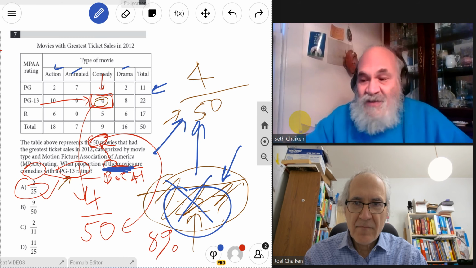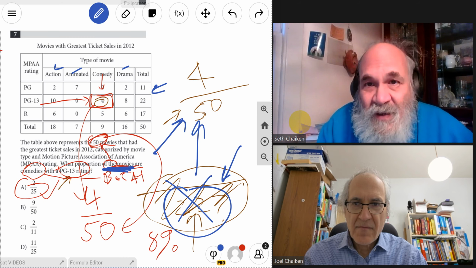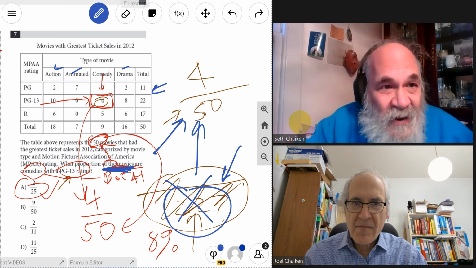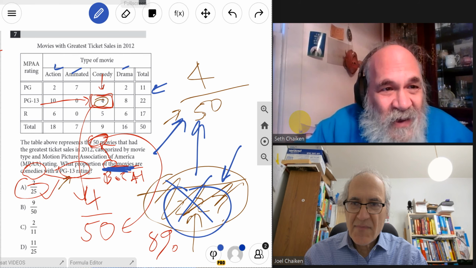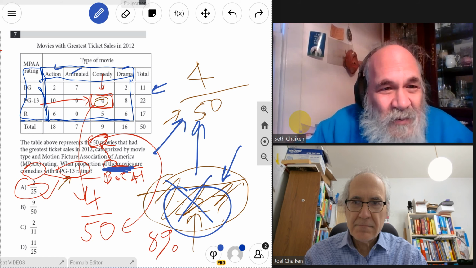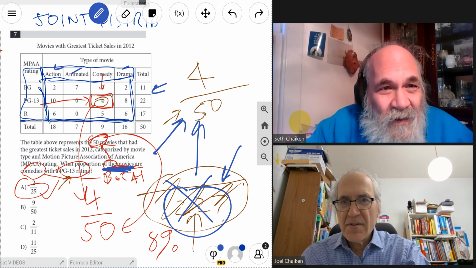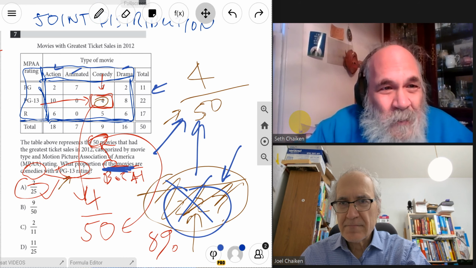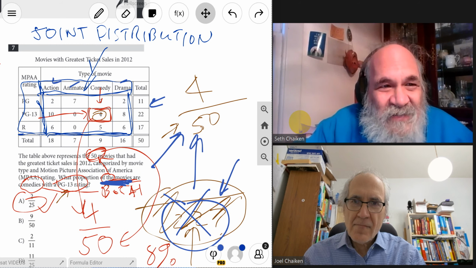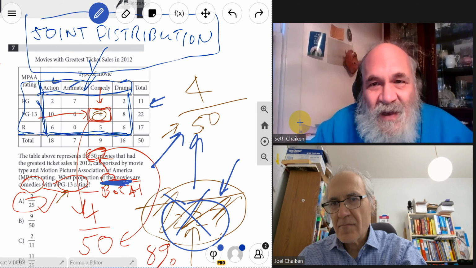The inner table, okay, for those people for background, this part of the table in blue is called the joint distribution. That's the boxy table.